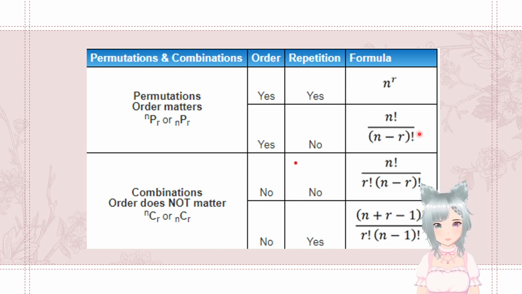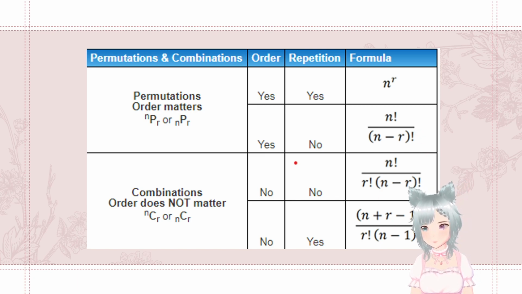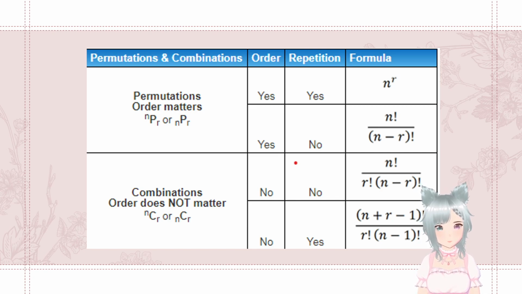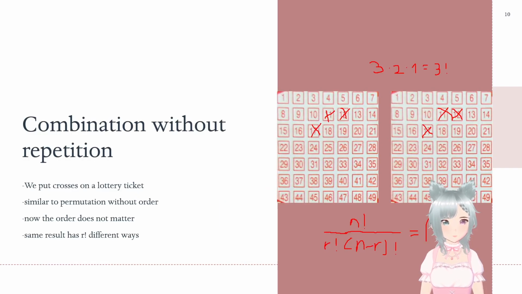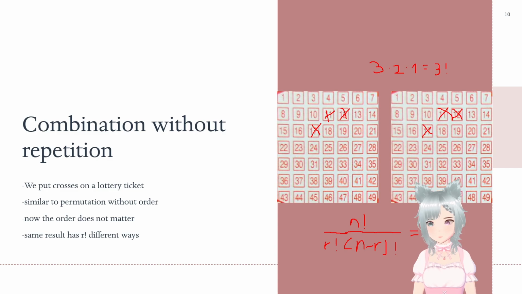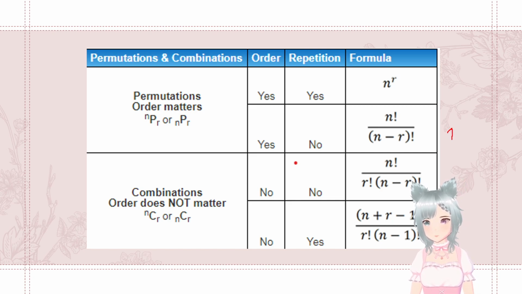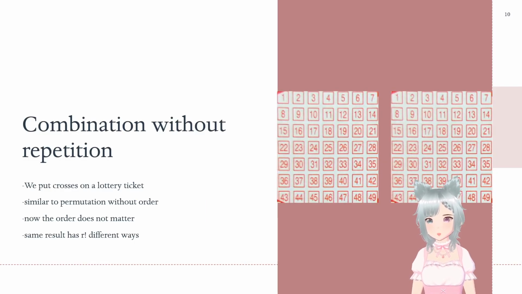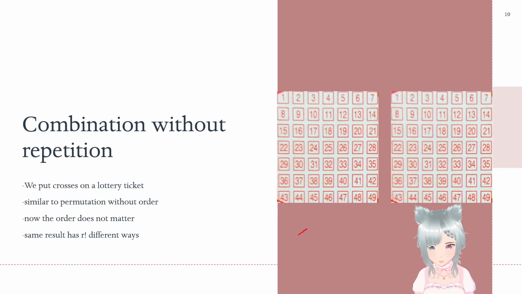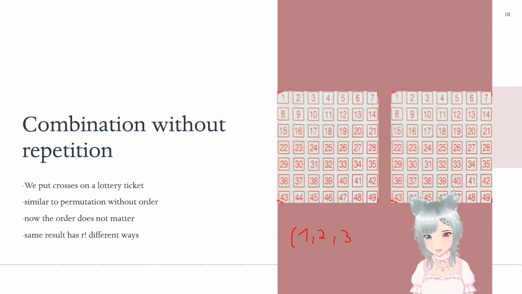Because let's say we have the group of 1, 2, and 3, and this is one set we have.